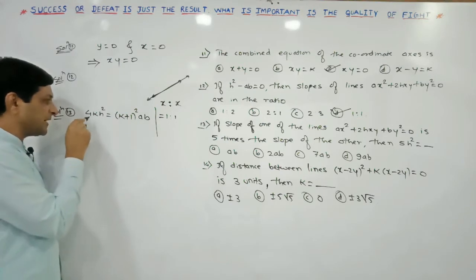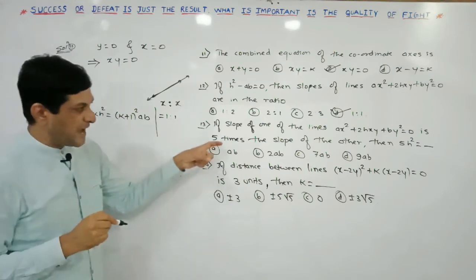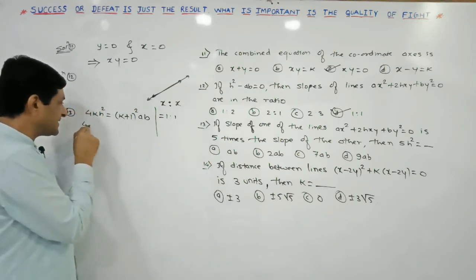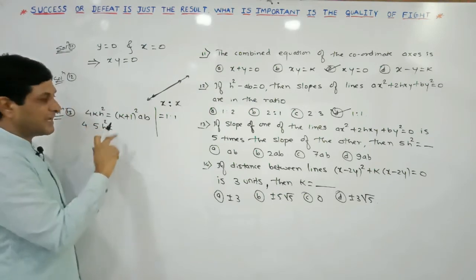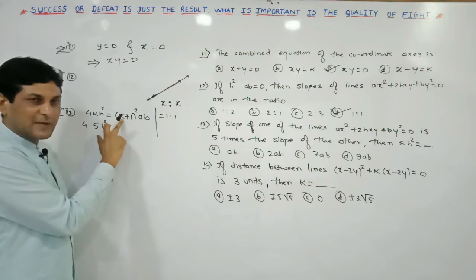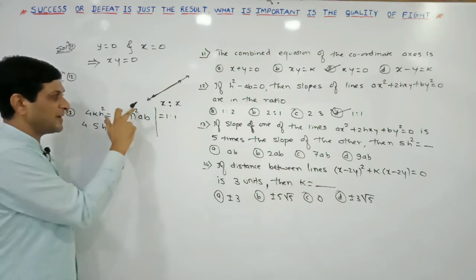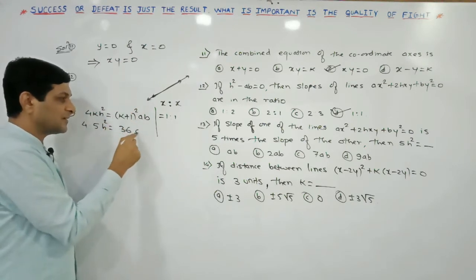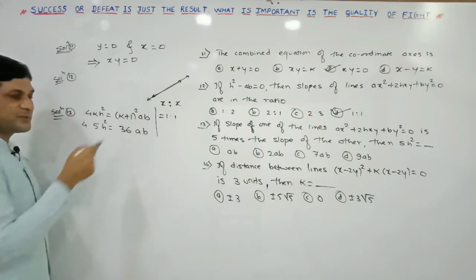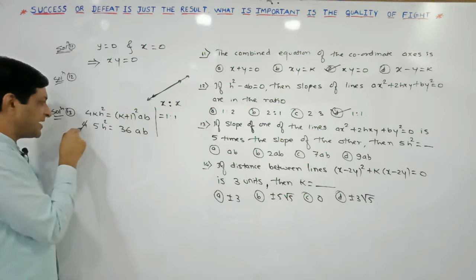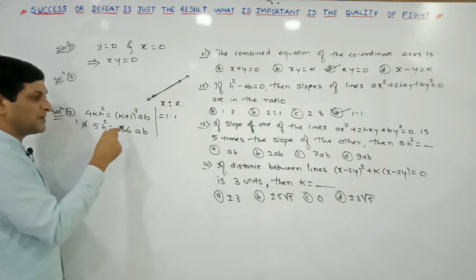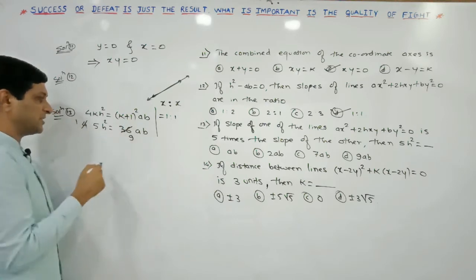So 4 keep it as it is, k times, here the value of k is 5. So replace k by 5. h² keep it as it is. Again on this side also I am replacing k by 5. 5 plus 1 is 6. Square of 6 is 36. 36ab. Now if you observe, both sides are divisible by 4. If we divide this side by 4, 4 ones are 4 and here 4 nines are 36.